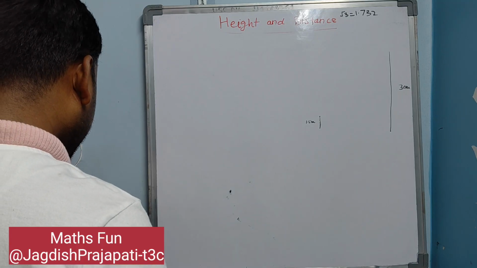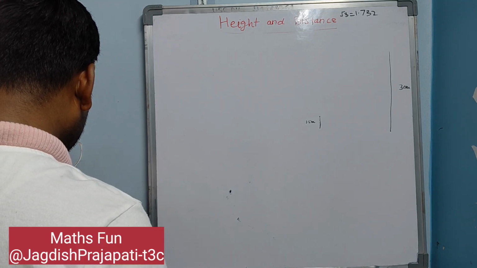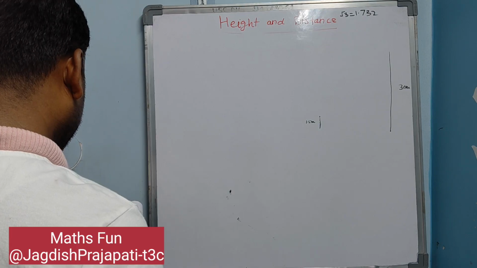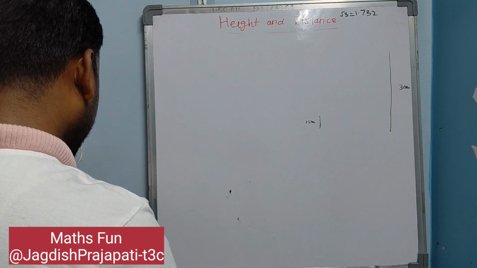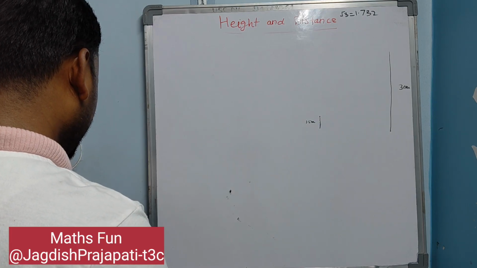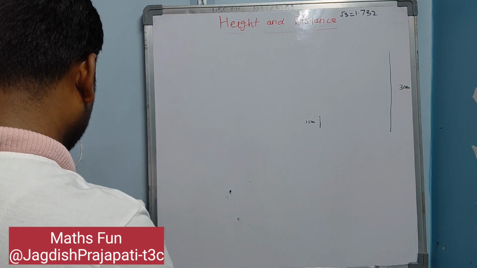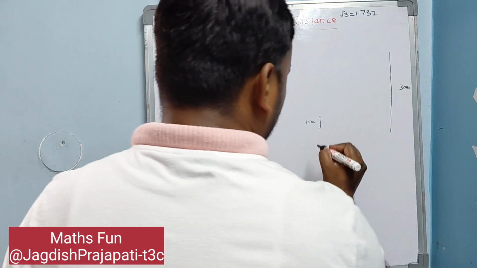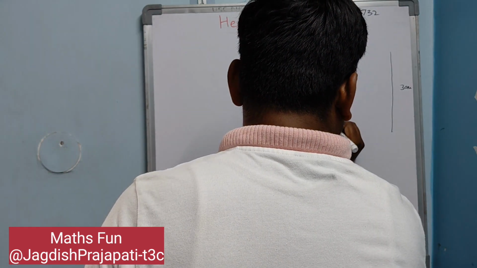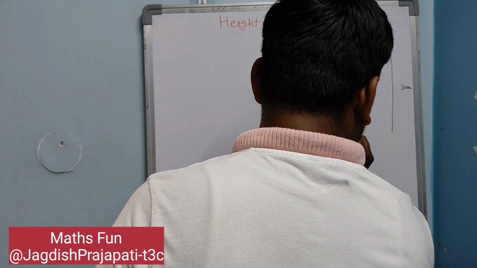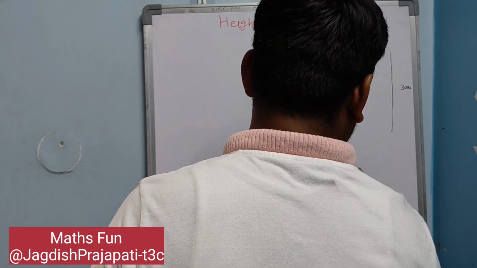The angle of elevation from his eyes to the top of the building increases from 30 to 60 as he walks towards the building. Okay, so here is this boy and he is walking towards the building. So he is moving like this.